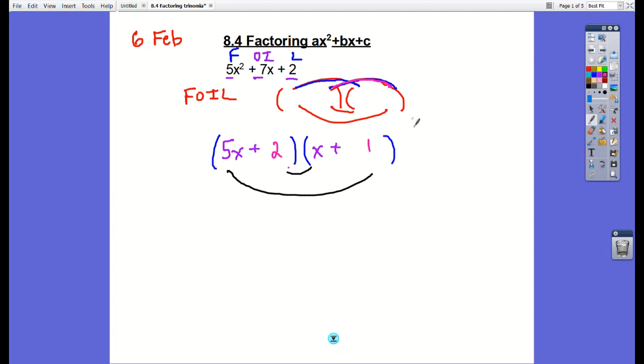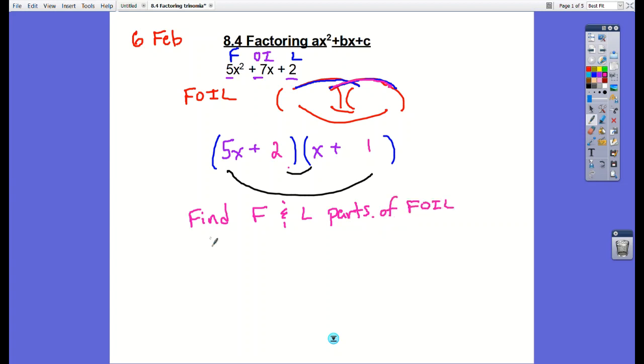So let's just do a quick recap of what we just did. Using FOIL, we find the F and L parts, right? Even though we didn't know where the L part went, if it was a 1 and a 2 or a 2 and a 1, we still knew what it was. We had our options. So that was the first thing we did.